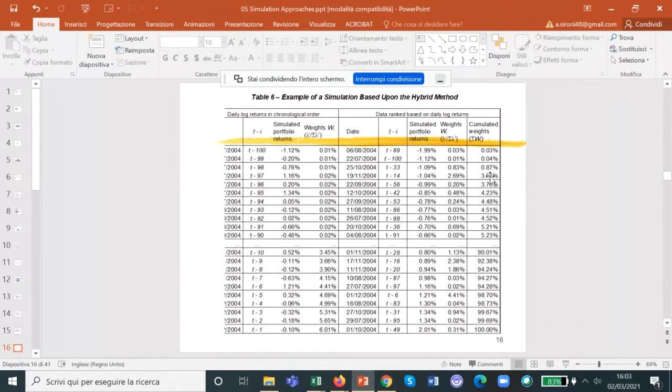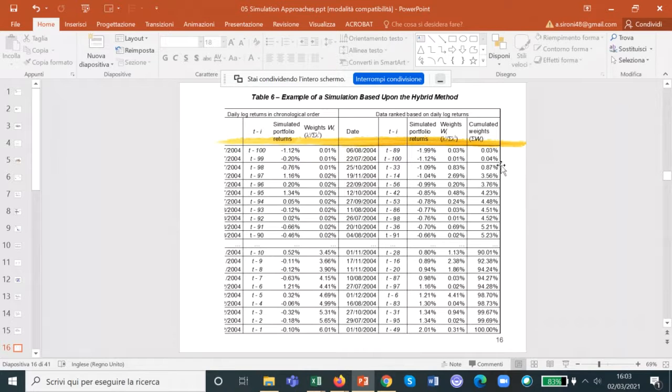So for example, the worst one, 1.99, has a 0.03% weight. The second one is 0.01%. So the sum of the two is 0.04. That is not enough because we want 1%. If we add the next one, whose weight is 0.83, then adding up these three we get to 0.87.